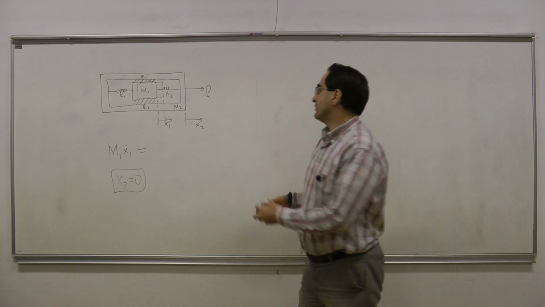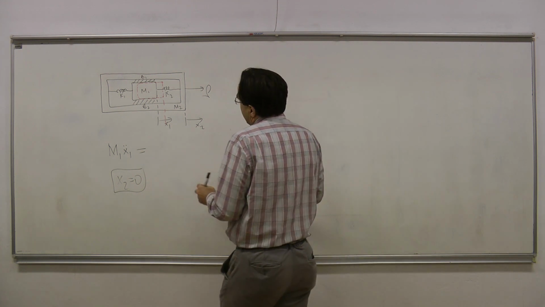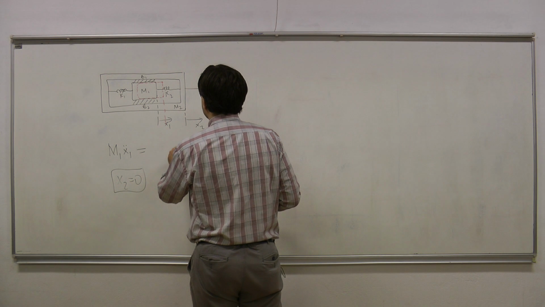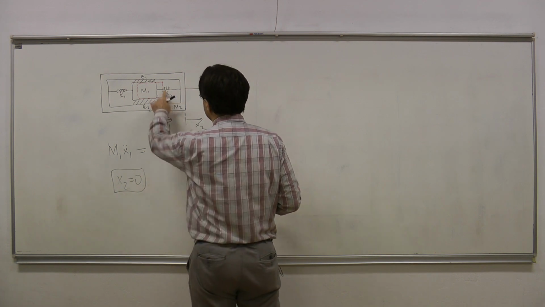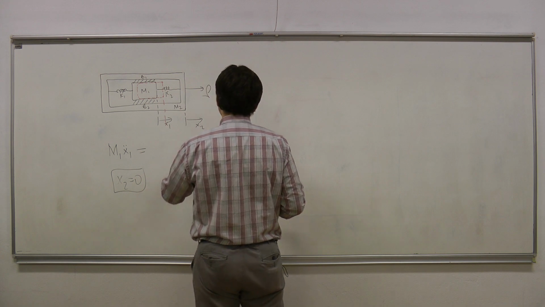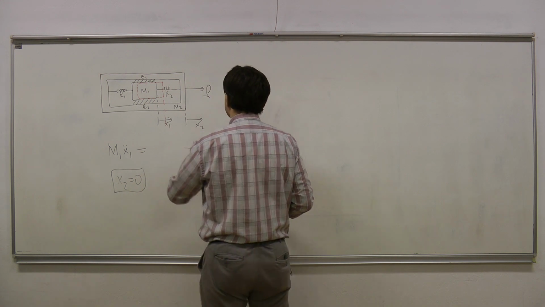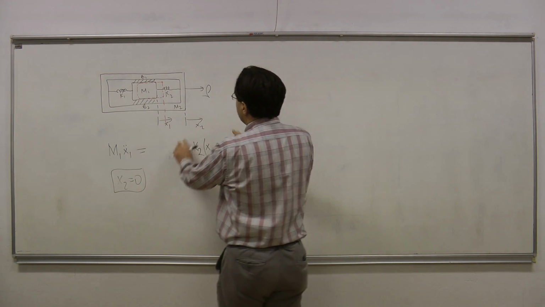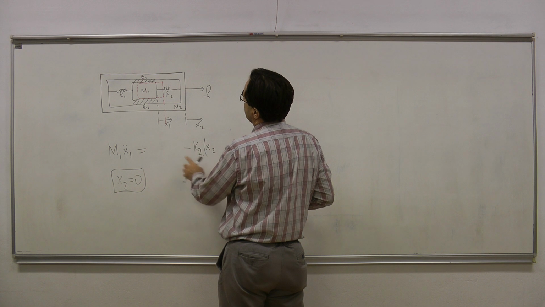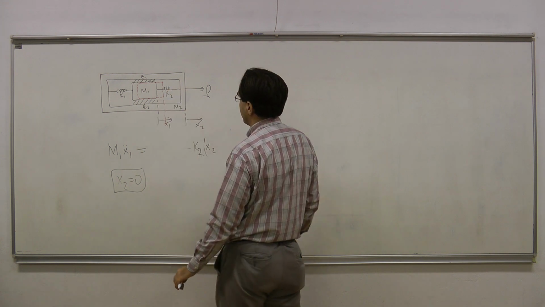That means that what I have to do here is to write minus k2 times x1 due to this spring. So this is only the force due to the spring k2.